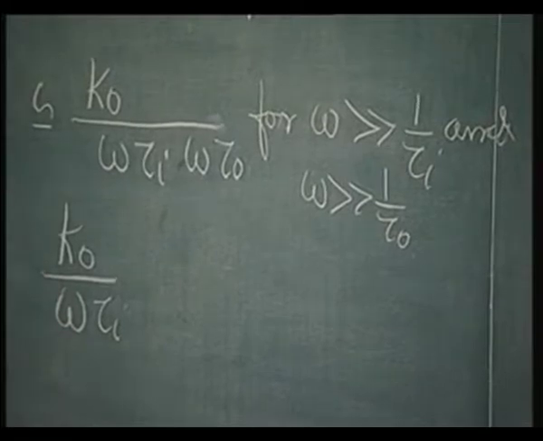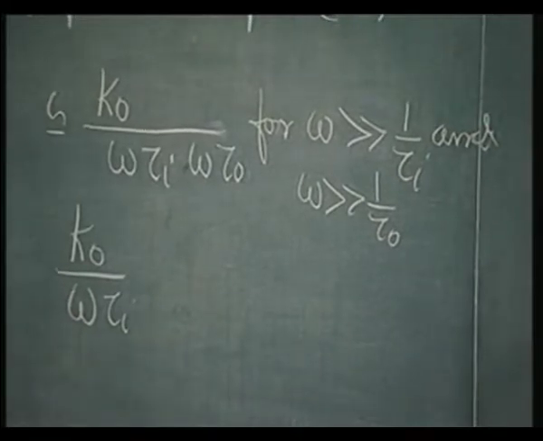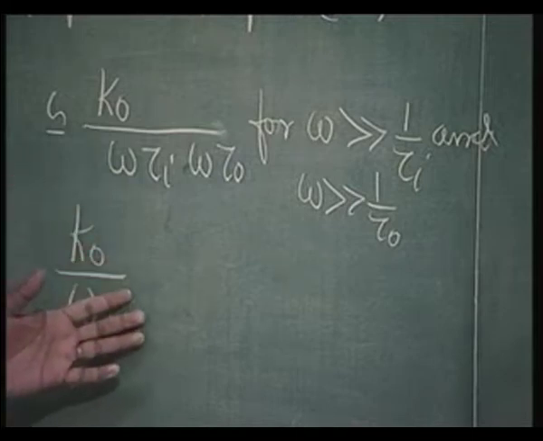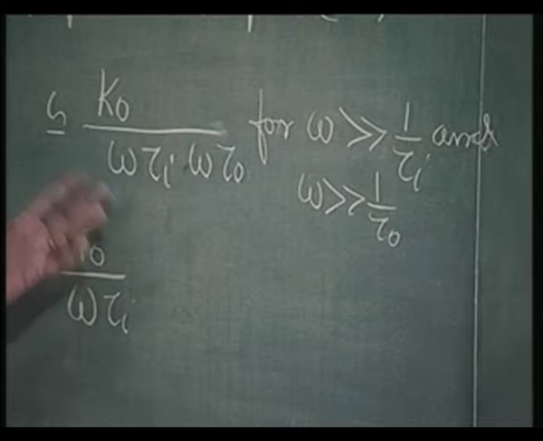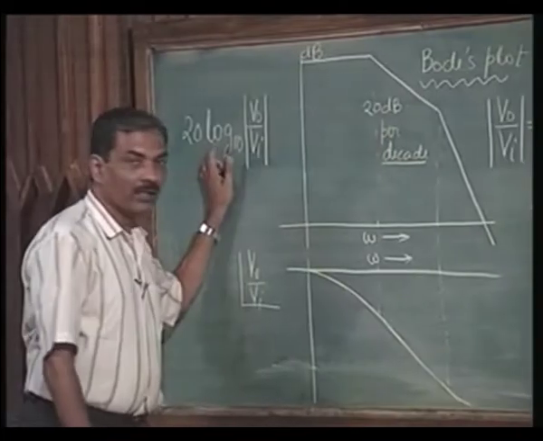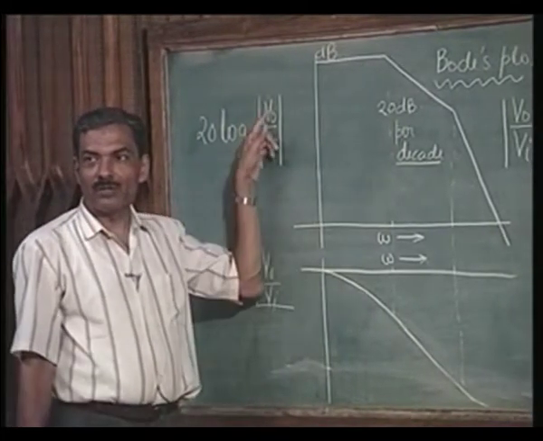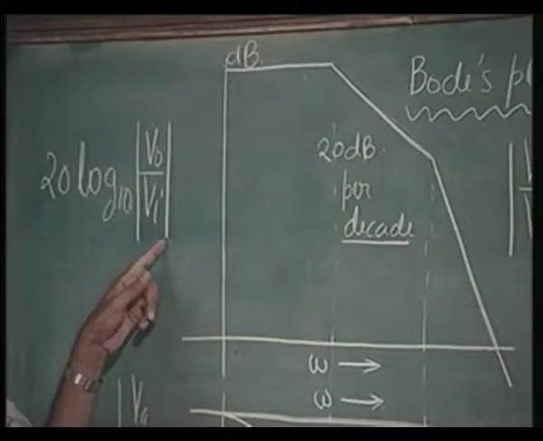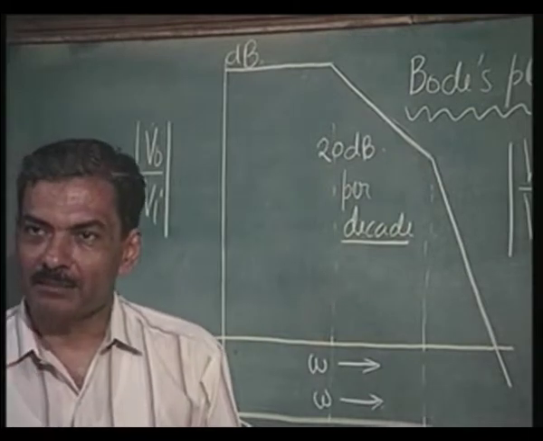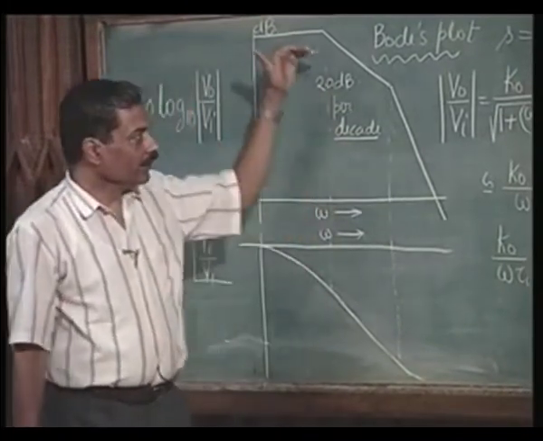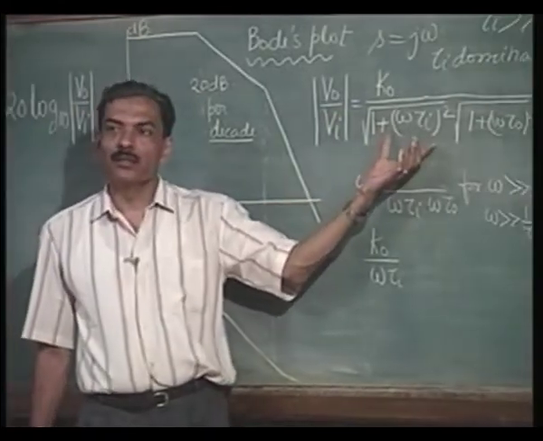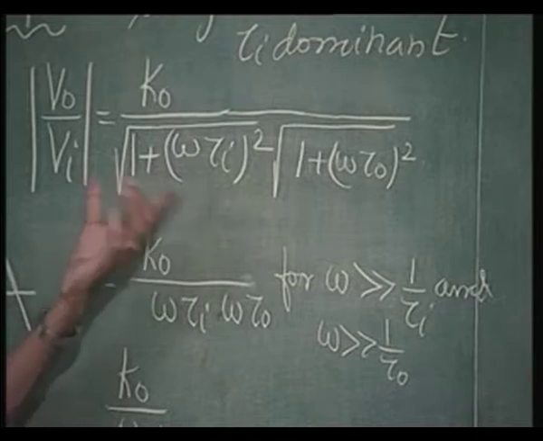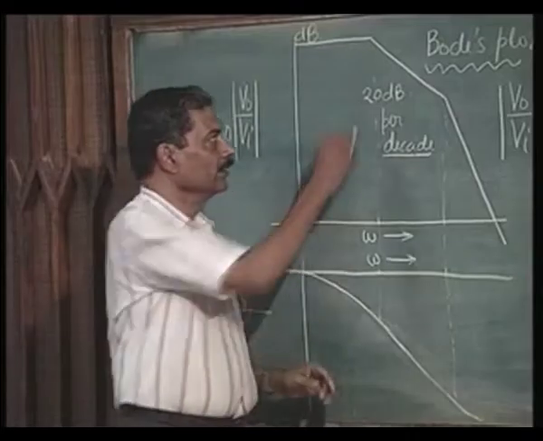Then if the two frequencies are a decade apart, the attenuation is 20 log 1 over 10, which is minus 20 decibels per decade. So, due to one corner frequency which is dominant, the attenuation is 20 decibels per decade.